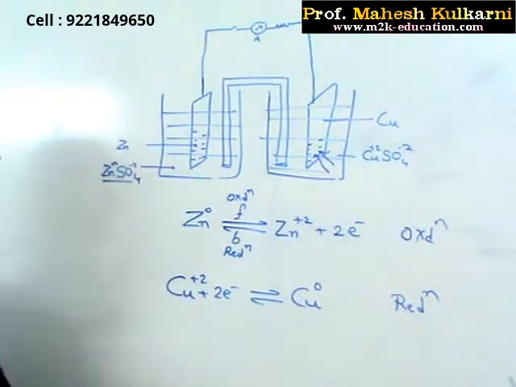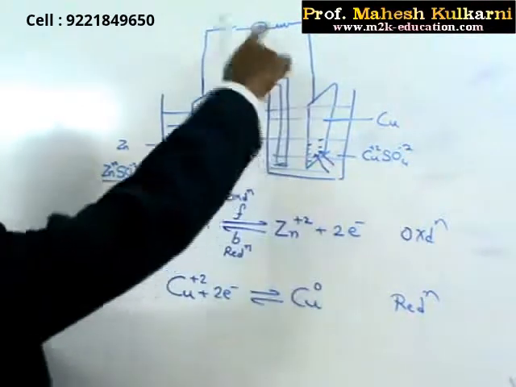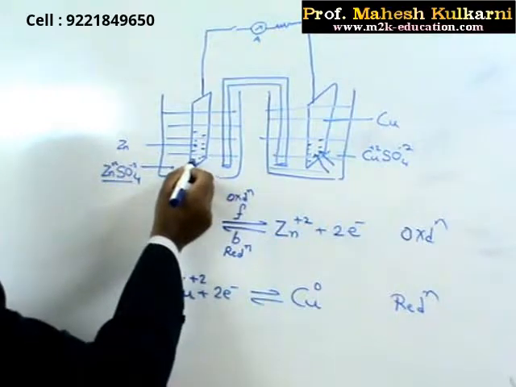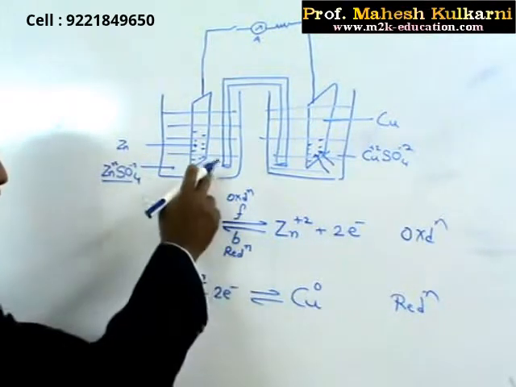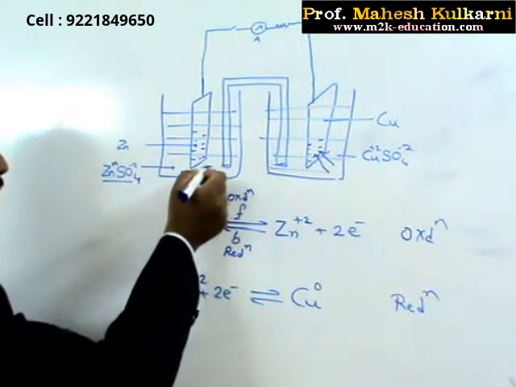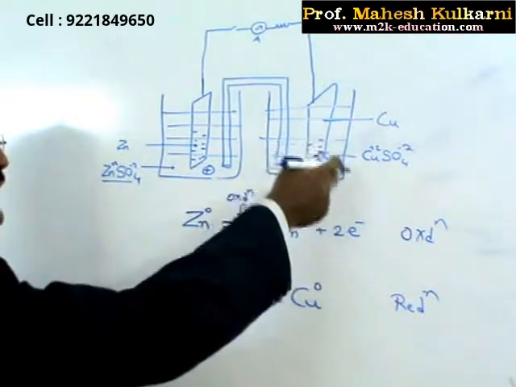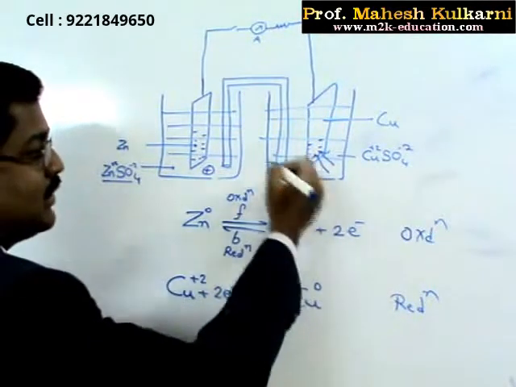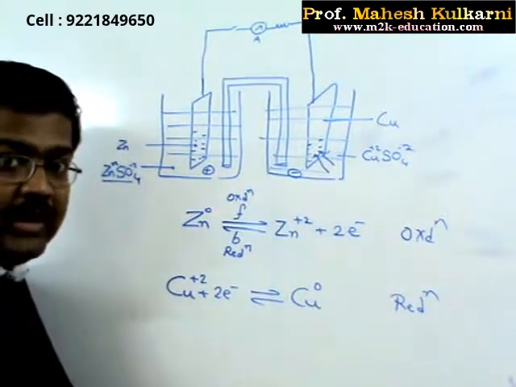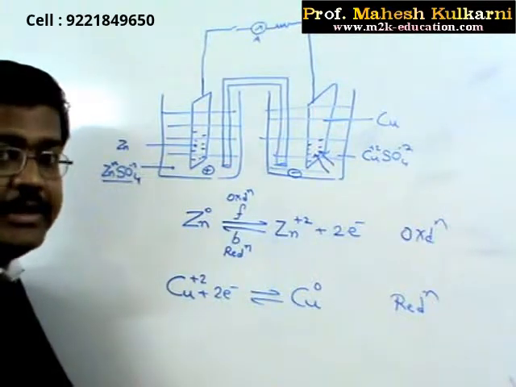But this will stop immediately. I am not getting current afterwards. The reason is simple: the solutions get charged. As ions enter the zinc solution, it will get a positive charge. As copper ions are deposited on the copper plate, leaving behind sulfate ions, that solution will get a negative charge, which is not allowed. A solution must be electrically neutral.